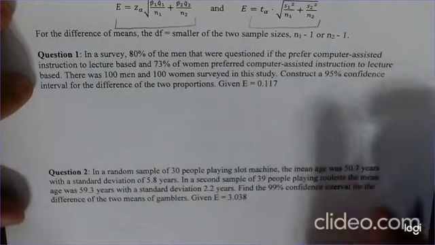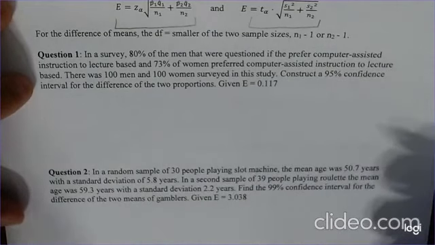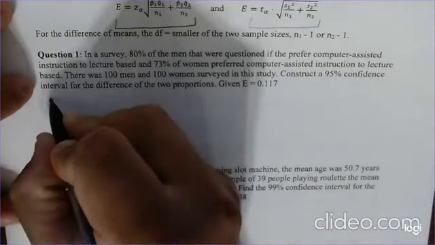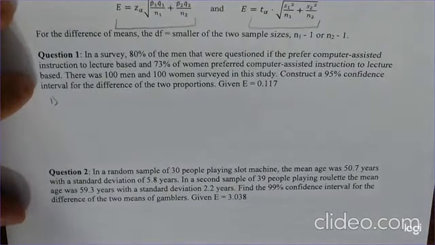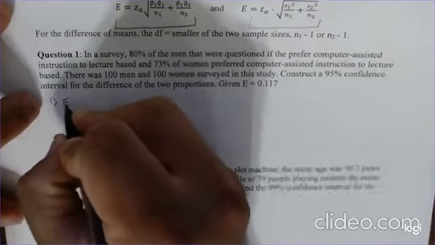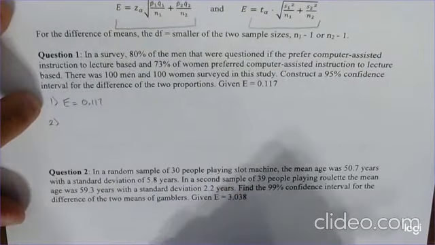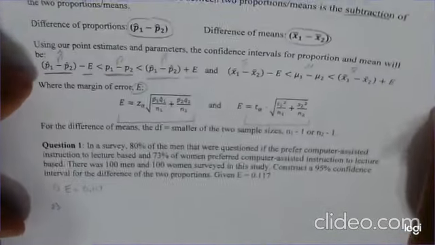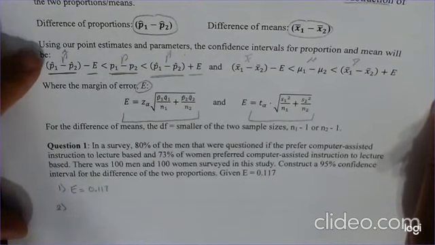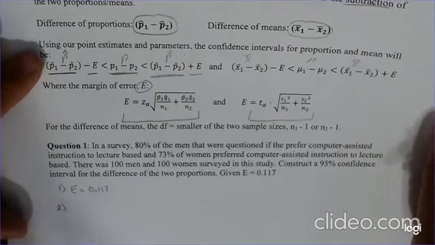Essentially how this is going to work out: since I'm giving you the margin of error, you're still going to write down everything we actually need. Step 1, we want to find our margin of error, which is pretty much given to us. Step 2, we want to find the confidence interval. Since we're doing proportion, you still have to do the work and subtract the actual proportions.